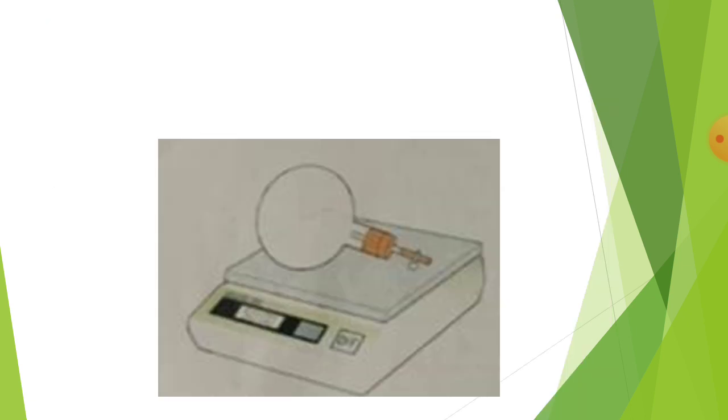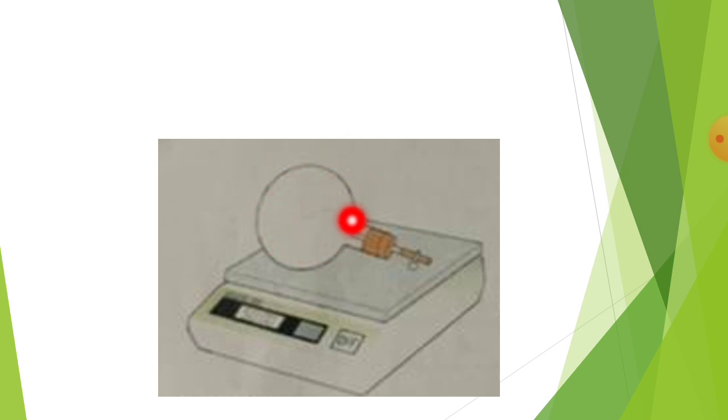So this is a round-bottomed flask with its pipe and clip. This is the clip. So it's the same or close to the concept of measuring a liquid. First we're going to place it on the scale, but now it contains the gas in it.